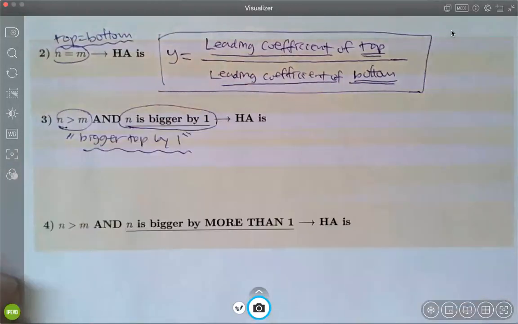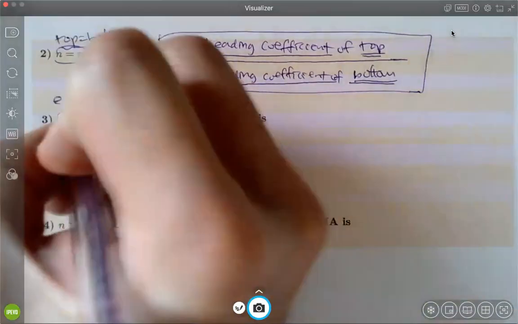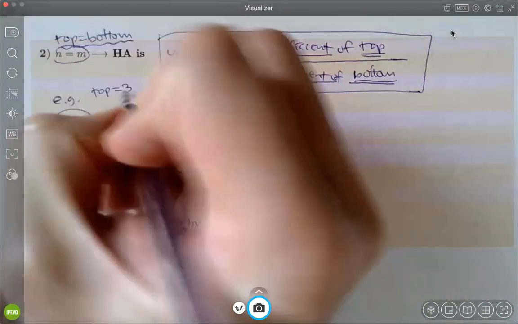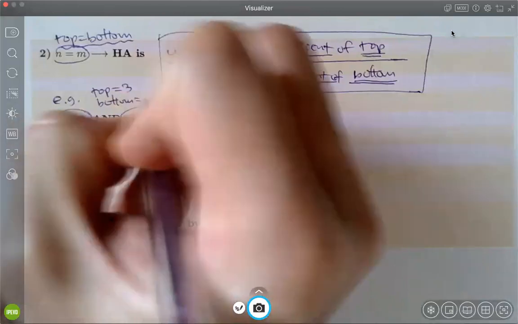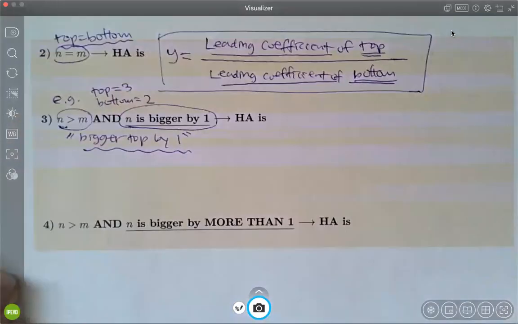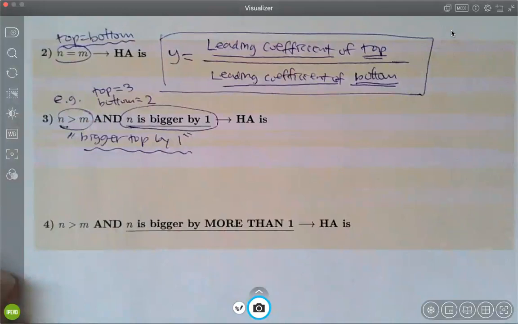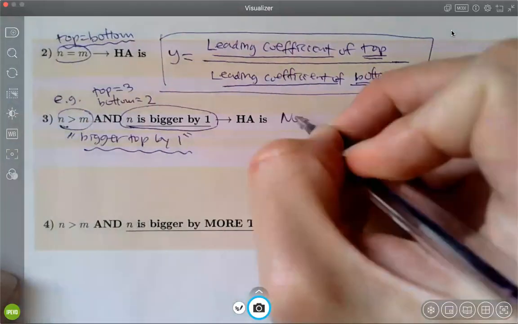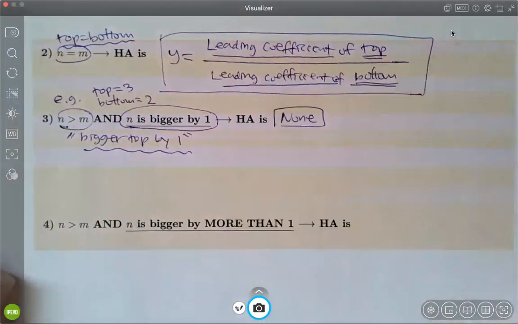So what does that mean? For example, the top degree is 3 and the bottom degree is 2. So the top degree is bigger, but it's only bigger by 1, not any other number. In this case, there is no horizontal asymptote. And this is the only case where the oblique asymptote exists.